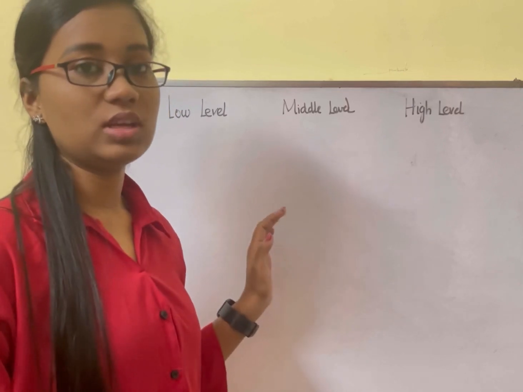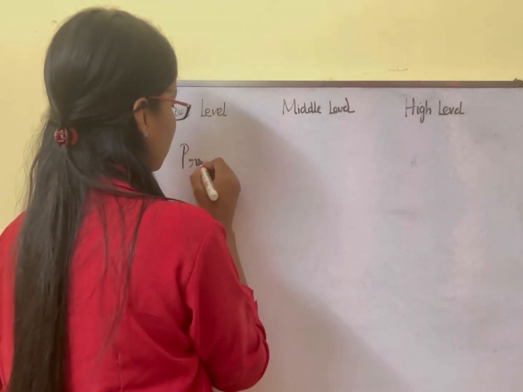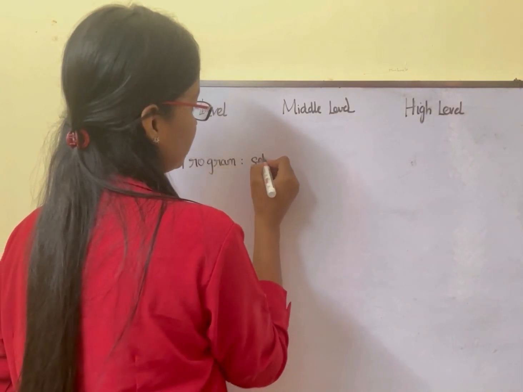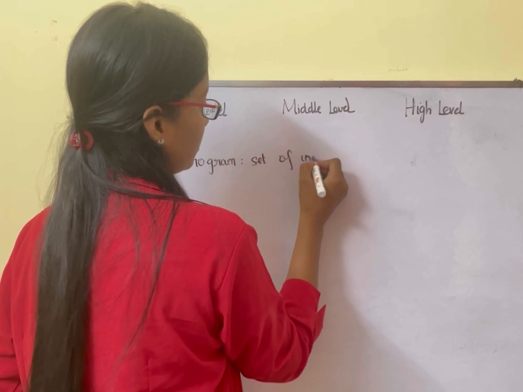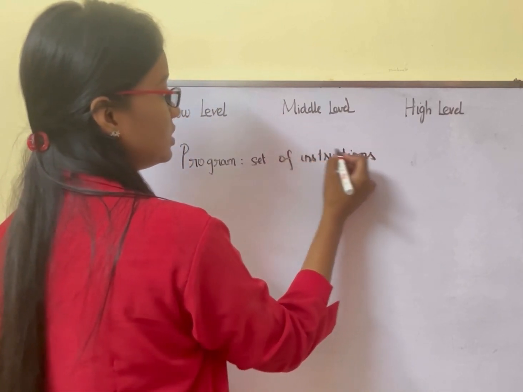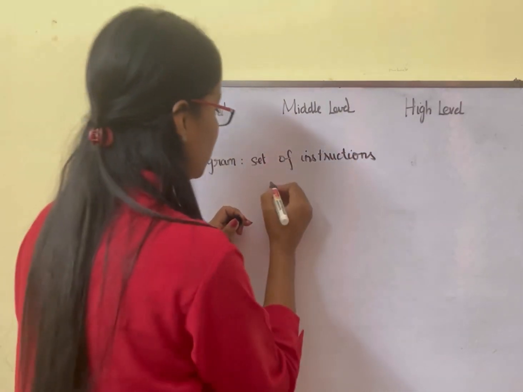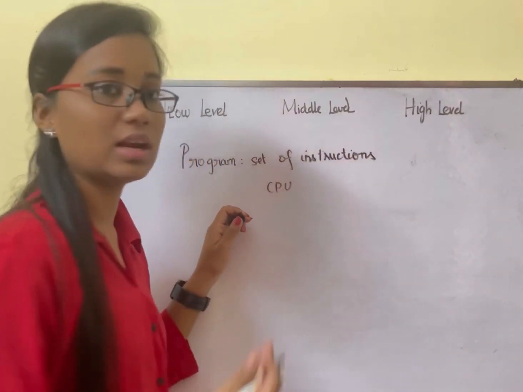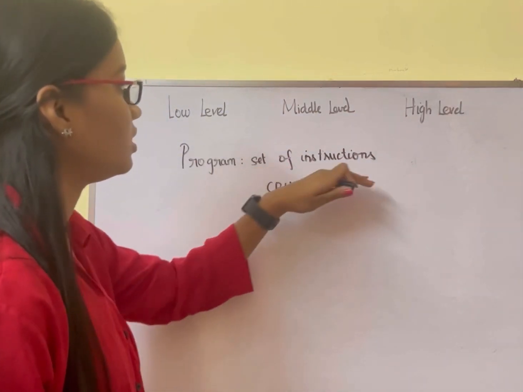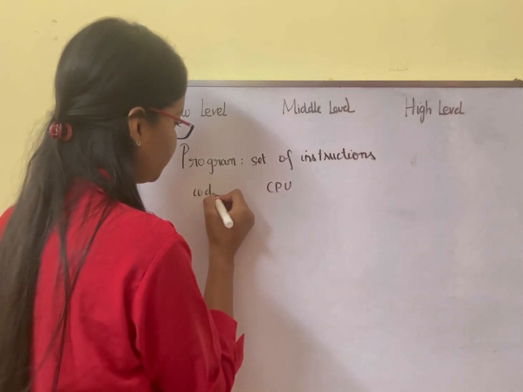Before getting into the differences, first let us know what is a program. A program is a set of instructions or set of commands we give to the CPU to perform a certain task. Whatever task we want to get performed, we give in the form of instructions. That is known as program coding.